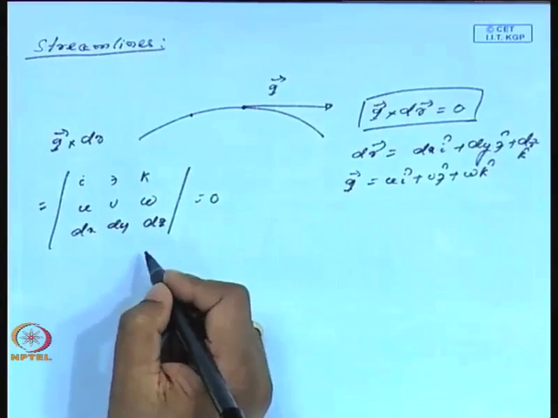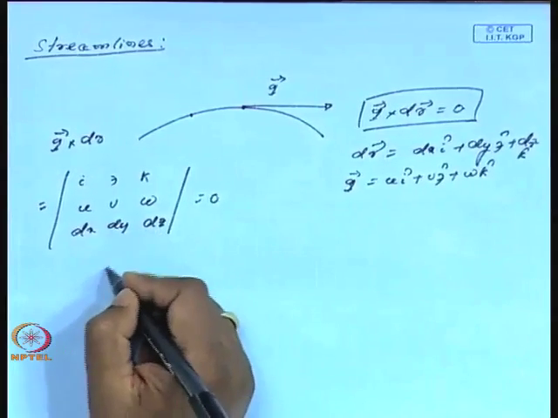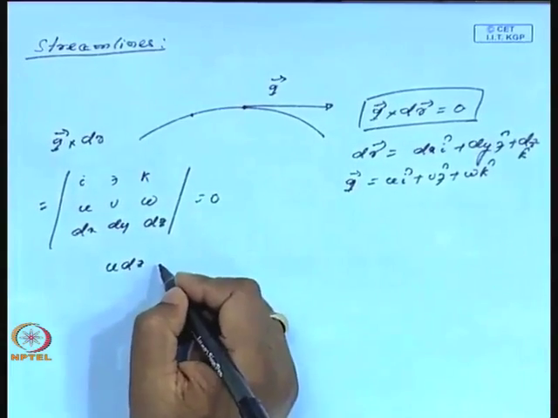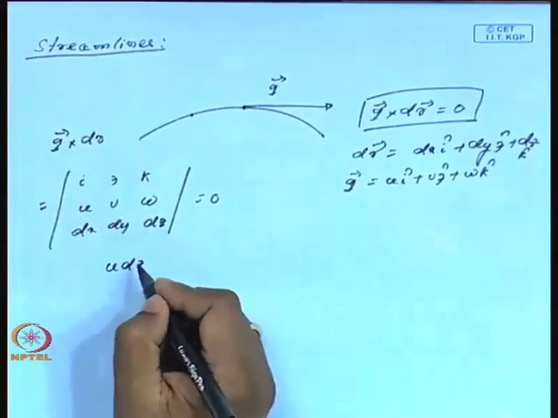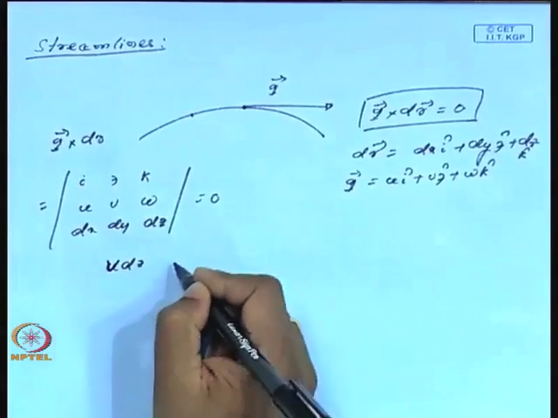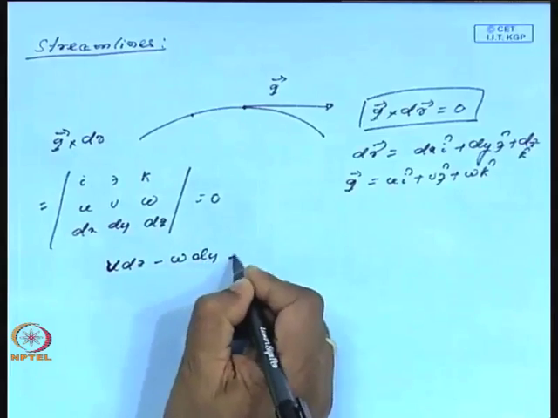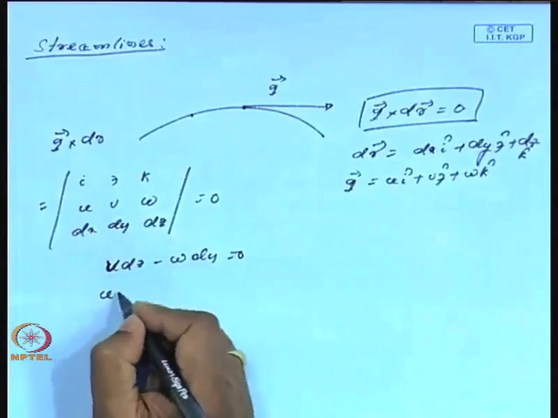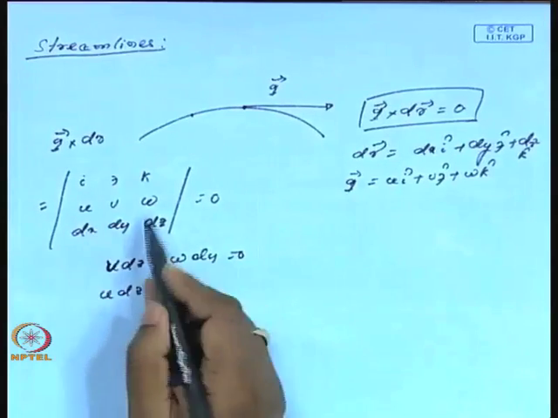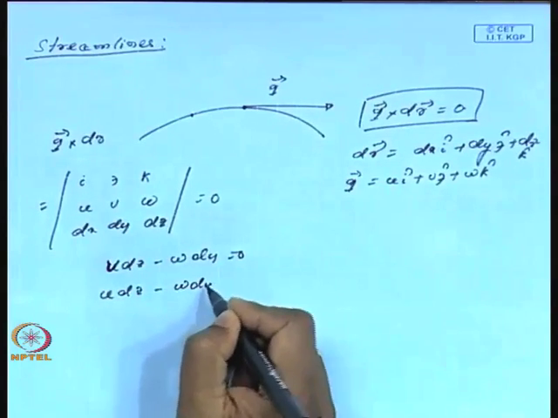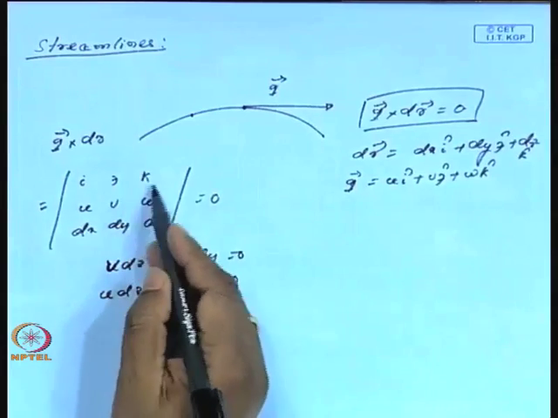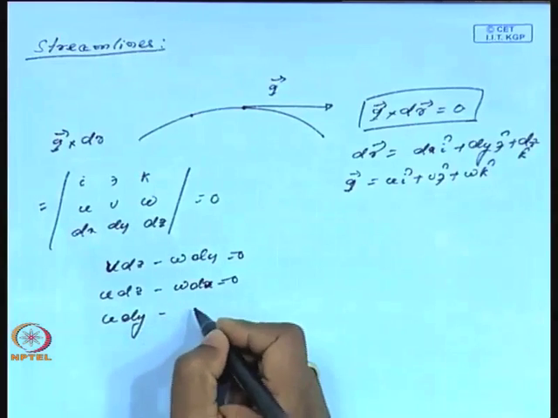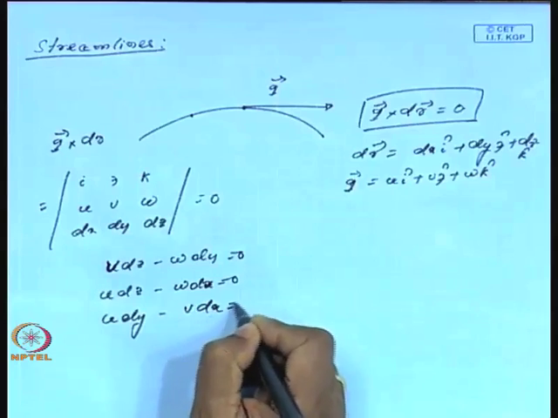From this, the i component gives v dz minus w dy is 0, then the j component gives u dz minus w dx is 0, and the k component gives u dy minus v dx is 0.